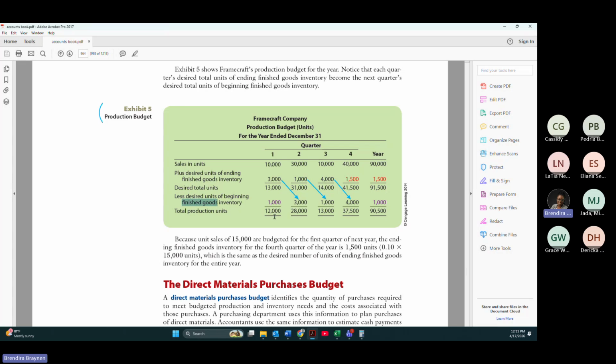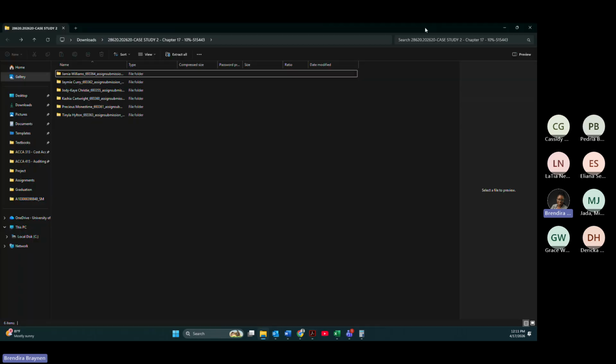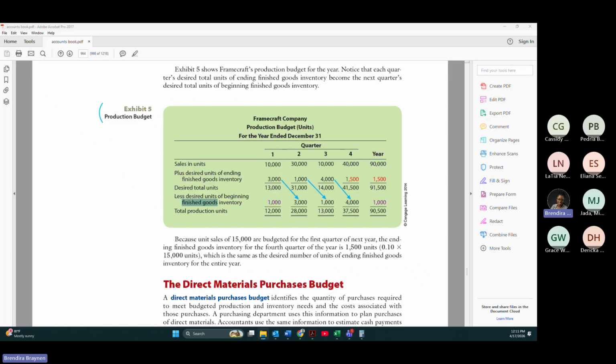The end result is we're trying to calculate the total production units. This one is about memorizing or remembering those intricacies, like figuring out how to calculate the finished goods, the ending and the beginning, and so on and so forth.